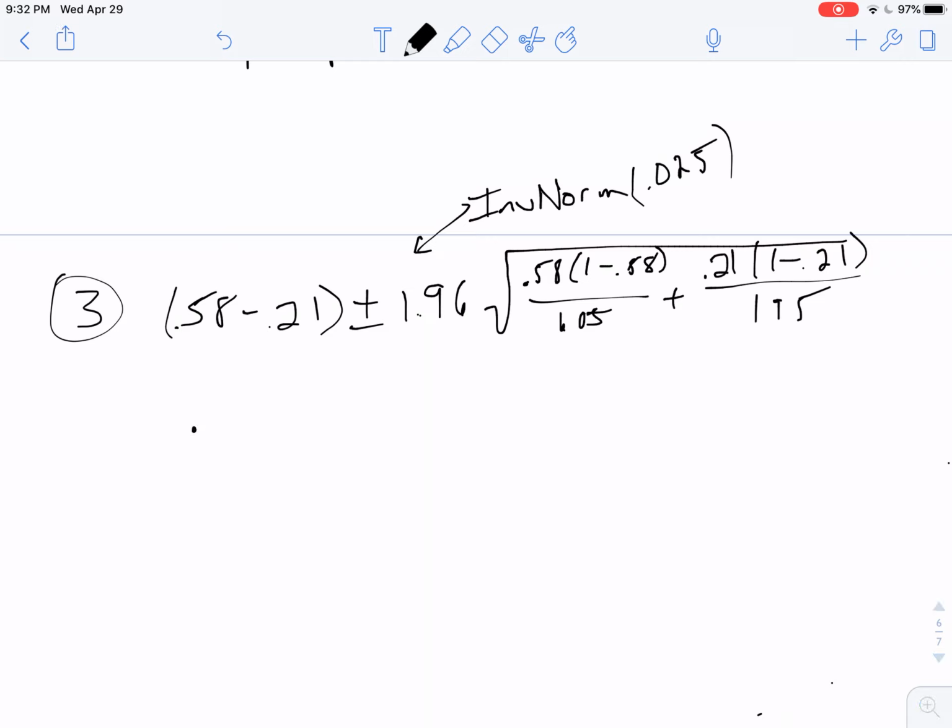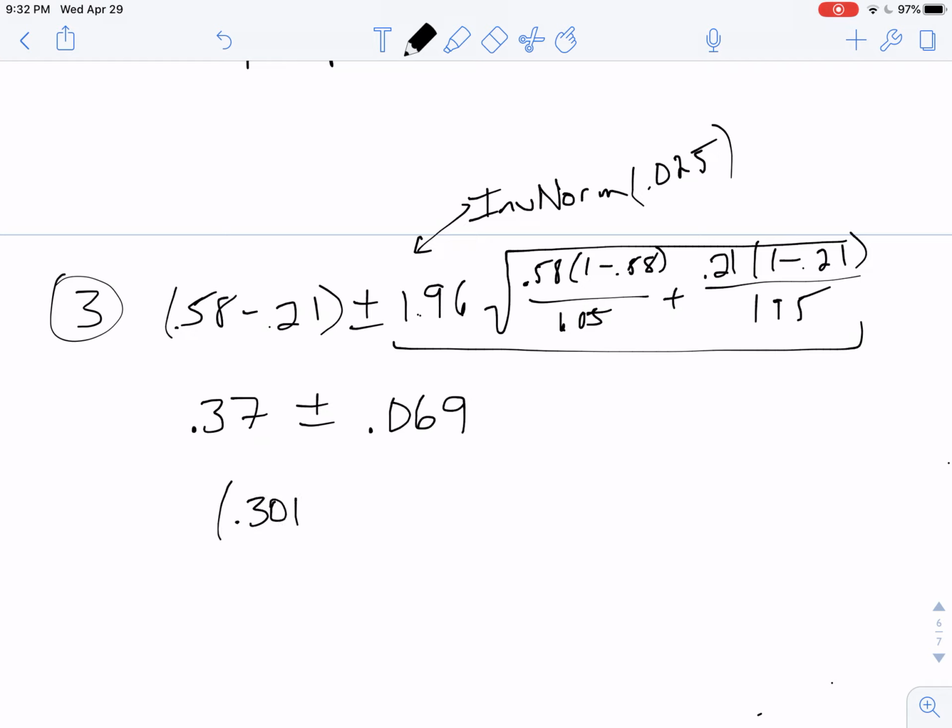And this difference is 0.37 plus or minus. And then basically, if I put all of this into my calculator, that's going to give me a margin of error of 0.069. So just about a 7 percentage point margin of error for this confidence interval. So then what I can do is put it into interval notation.